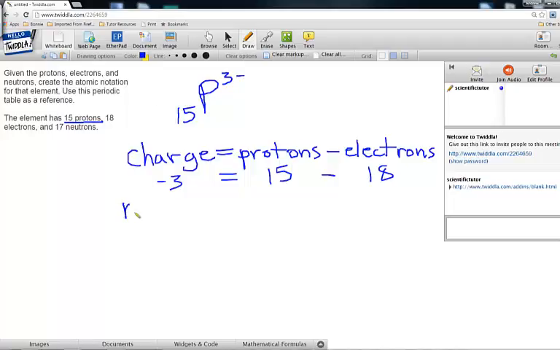Last, we're going to figure out the mass. The mass is the protons plus the neutrons.